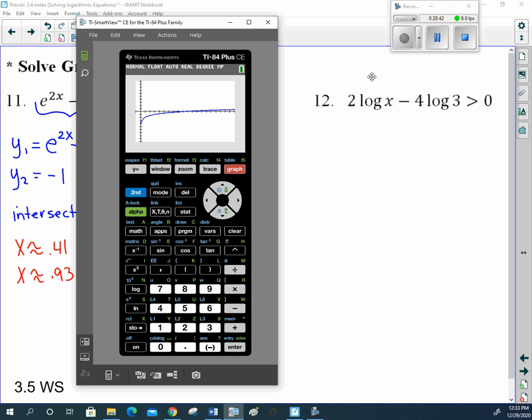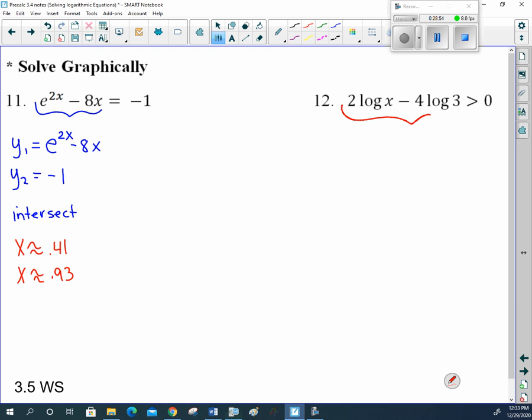Because what we're looking for here is, where is all of this logarithm stuff greater than 0? Greater than 0 means above the x-axis.